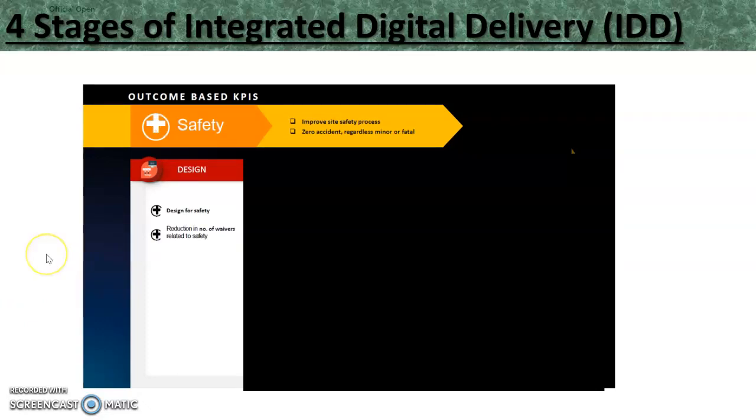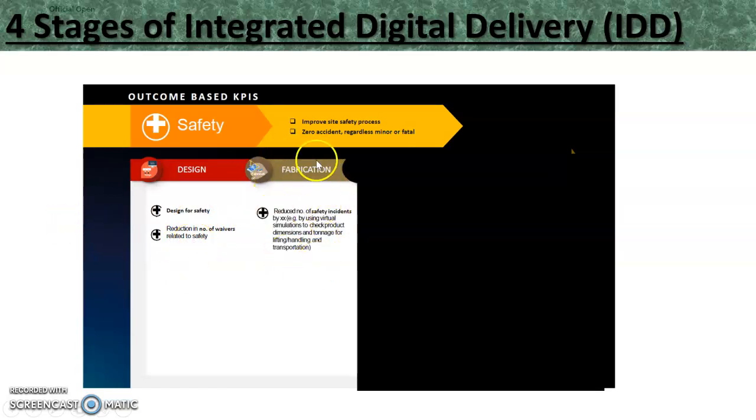Perhaps another key outcome-based KPI could be safety, whereby the stakeholders want to improve the site's safety process, or they want to have zero accident. So in order to achieve this, again, the design team can look at certain specific strategies. They can say that we want to have a design for safety approach. We want to reduce the number of waivers related to safety.